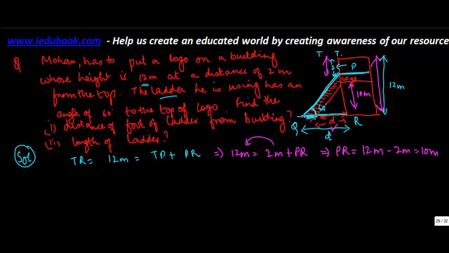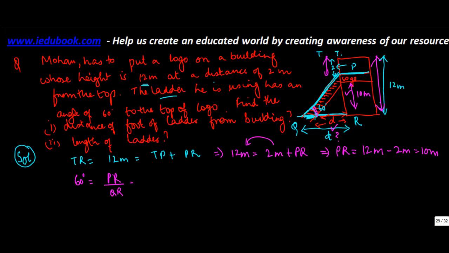Now we have to find out the value of D. So let's say you have to find out a trigonometric ratio, which is basically PR upon QR. If you see, you know this, you don't know this. D is a question mark. So what is the ratio for these two? PR is the side opposite to angle Q, and QR is the side adjacent to angle Q. We know that this relationship is the tan relationship, right?